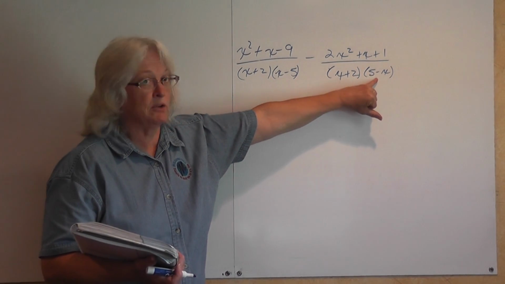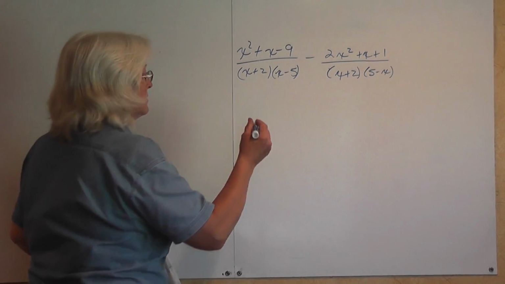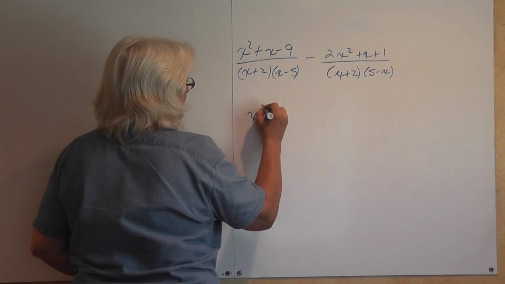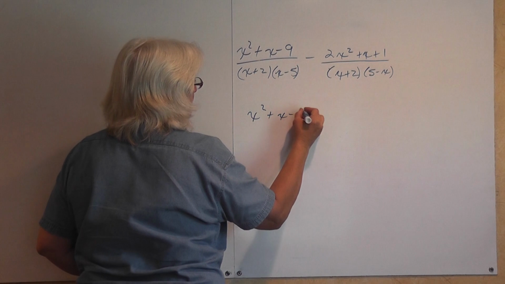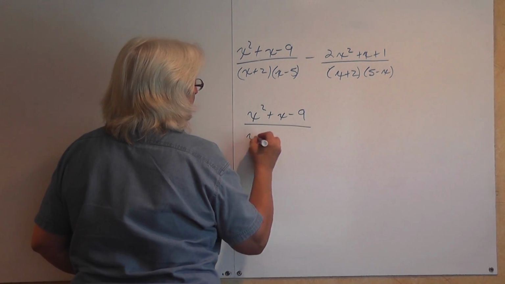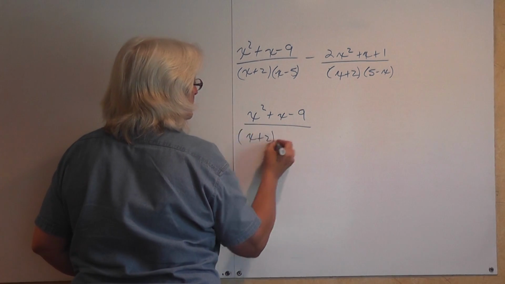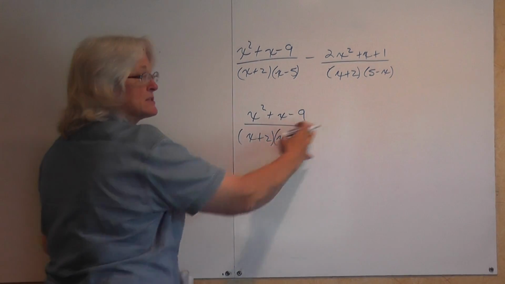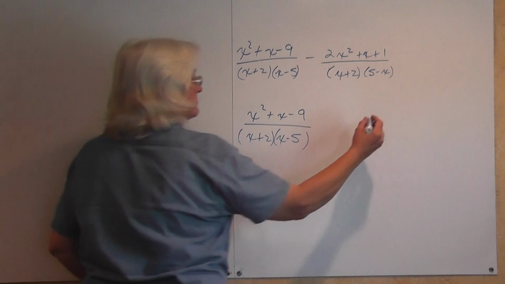So we can change this bottom denominator here to its opposite. So we have x squared plus x minus 9 divided by the quantity x plus 2 times the quantity x minus 5. I'm going to leave that sign in the middle blank for a minute.